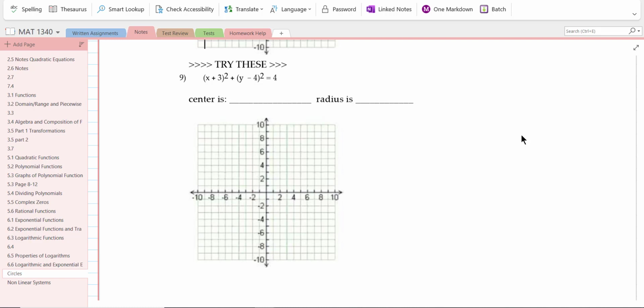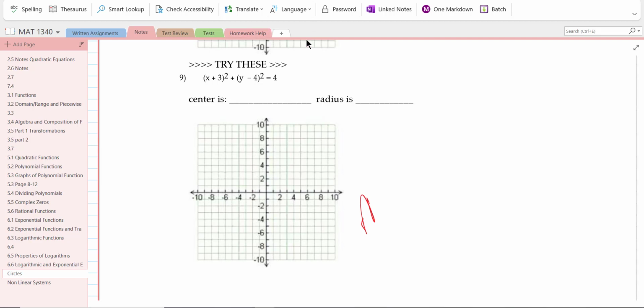Okay, all right, so there's a couple of things that I saw in here. Let's go ahead and check and make sure we're all doing this okay. There we go.